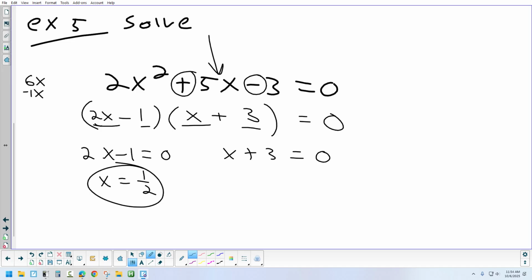So from the first one, you get x equals 1/2. And what about the second one? How much? -3. Yep, perfect. x equals -3. Now that one was good because it factored. But does anybody remember the other method you can use if it doesn't factor?